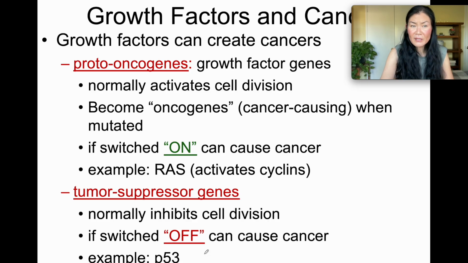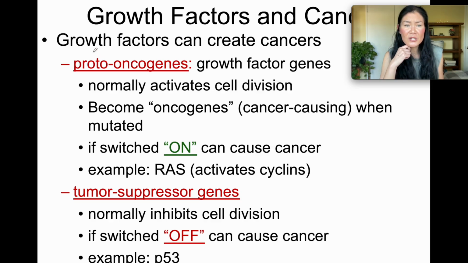So the last topic today is how cell cycle control, when it's out of control, can cause cancers. Okay, so growth factors can create cancers. These genes are called proto-oncogenes.